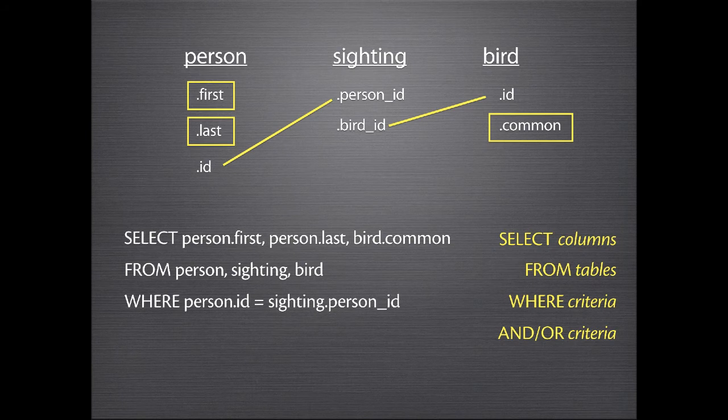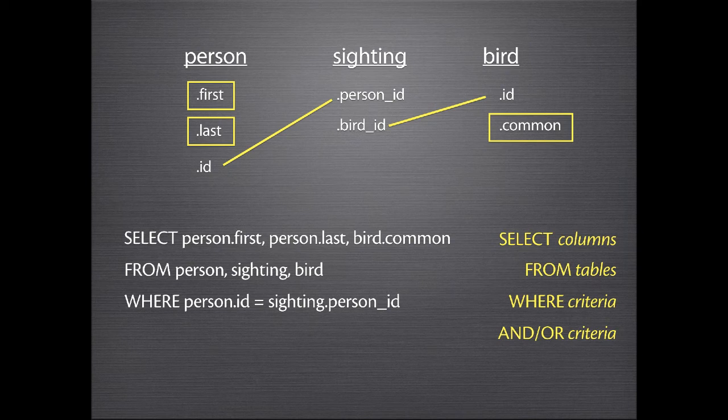The where clause starts to elucidate the bridges. How do I get from one table to the other? How do I cross the stream? How do I reconcile those primary and foreign keys? Now, I usually start kind of left to right on this. If you want to go right to left, the order doesn't matter.